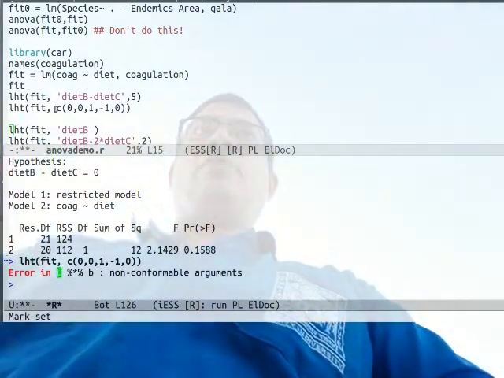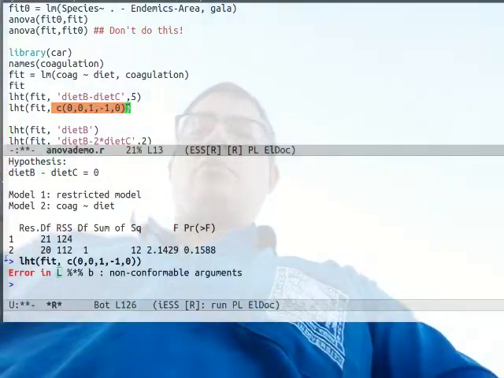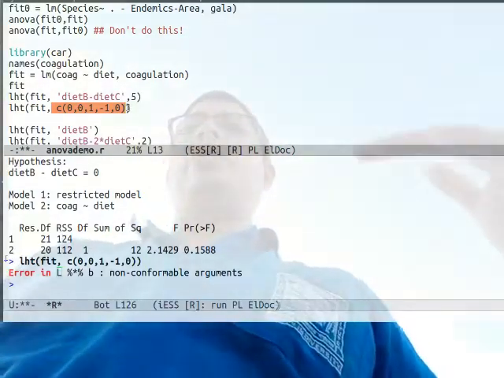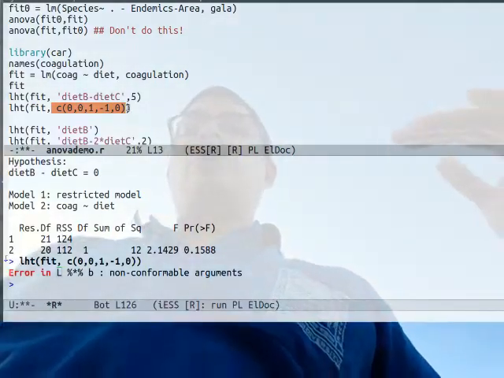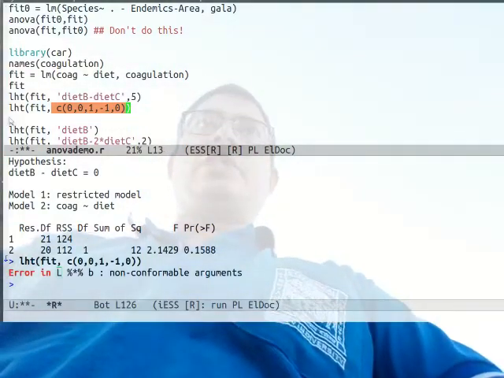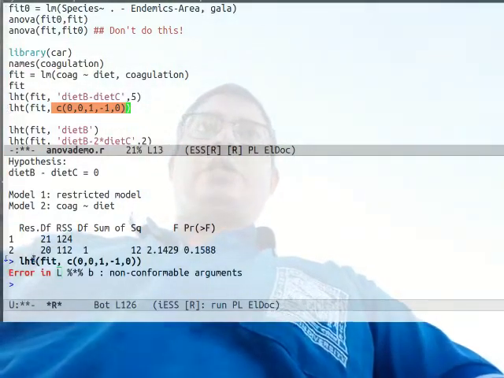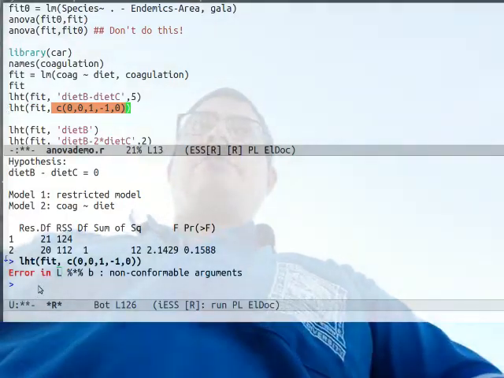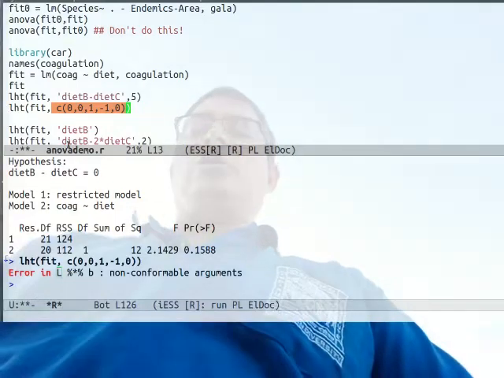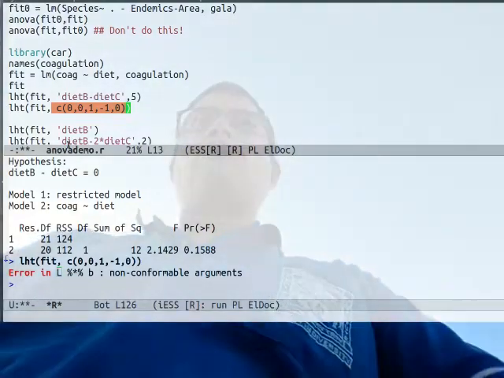Here I am giving only a row vector because I have just one restriction to put. If you have multiple restrictions, put one restriction per row, and look up the help of this function, LHT, and you will see exactly how you specify all this stuff.